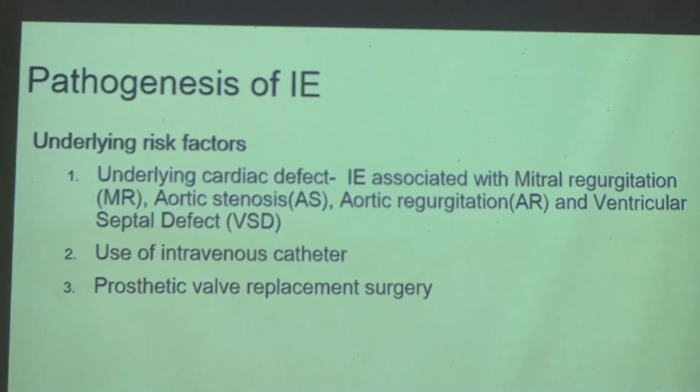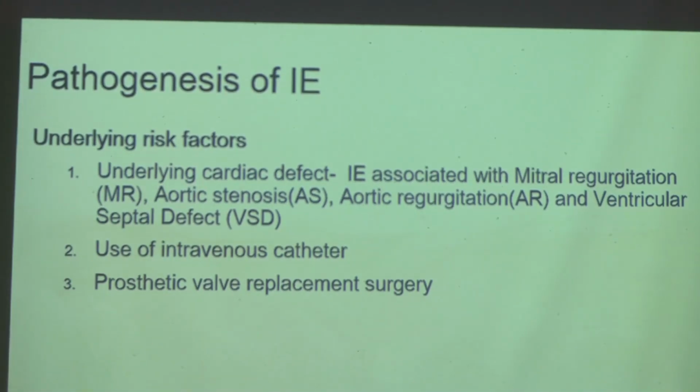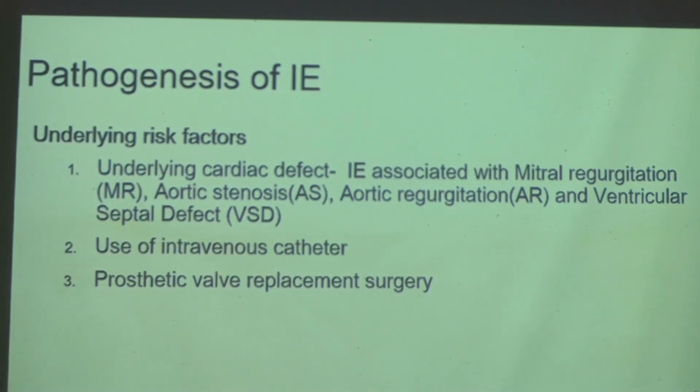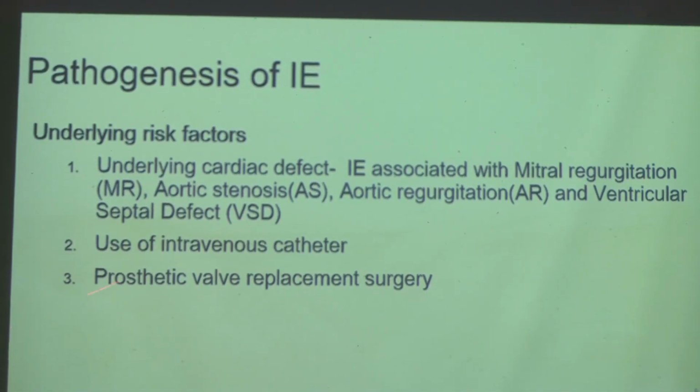Then the use of intravenous catheters like central lines, which go directly into your heart chambers. Then prosthetic valve replacement therapy. After you replace the valve, you put in a prosthetic valve, and those prosthetic valves are the nidus of colonization or formation of vegetations.